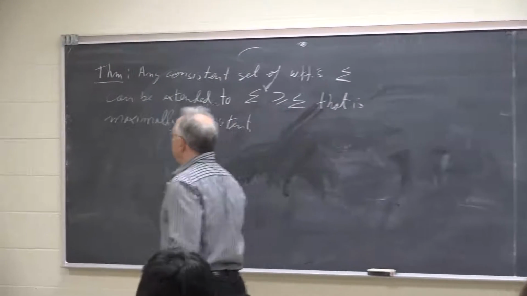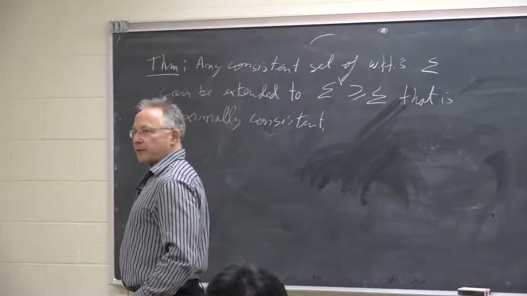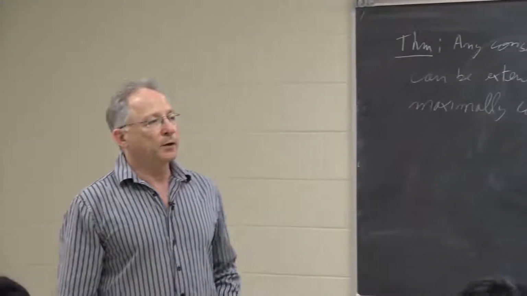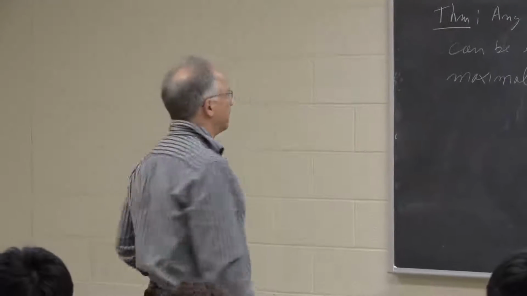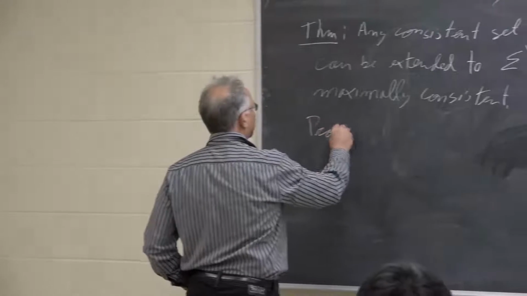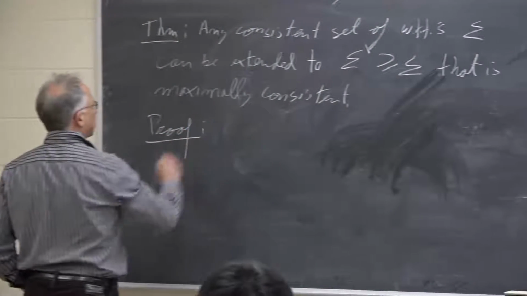Okay, so now what did we do with the proof? The proof was very similar in structure to the proof that you saw for the case of satisfiability. So what is the proof idea?